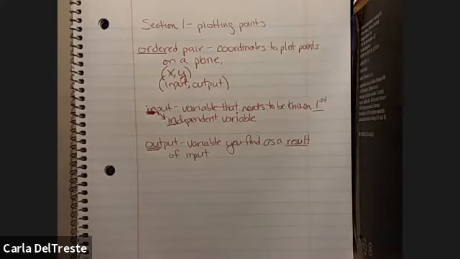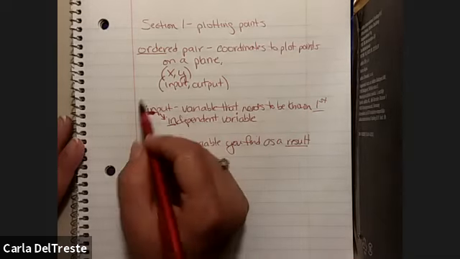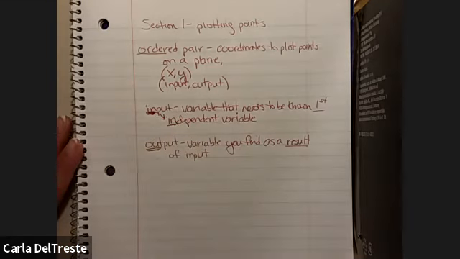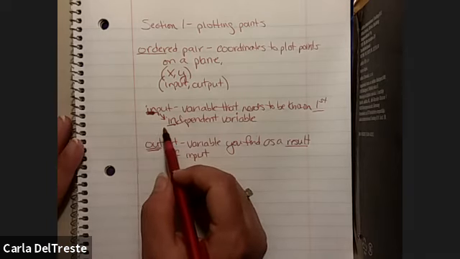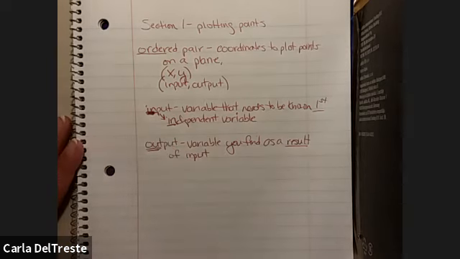So whatever you chose to plug in, the output is going to be the answer, okay? It's going to be the result of whatever you chose to put in. So this is very often your choice because, again, it's not something that is going to depend on anything else. So the input, you have a lot of control over, okay?